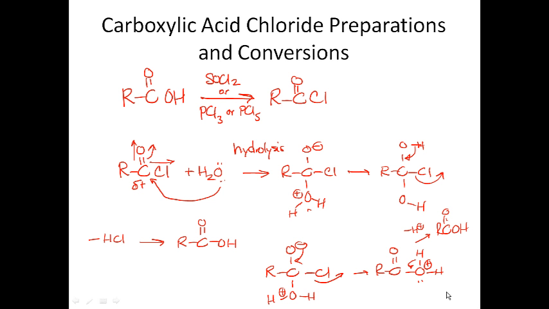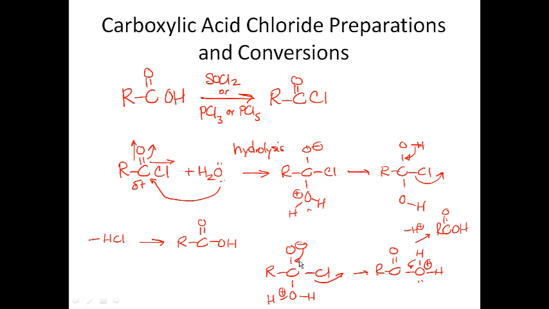Now, if I was a very specific organic chemist, let's say an analytical organic chemist, I would actually want to do an experiment to figure out which one of these mechanisms occurred, and that would be fairly straightforward.